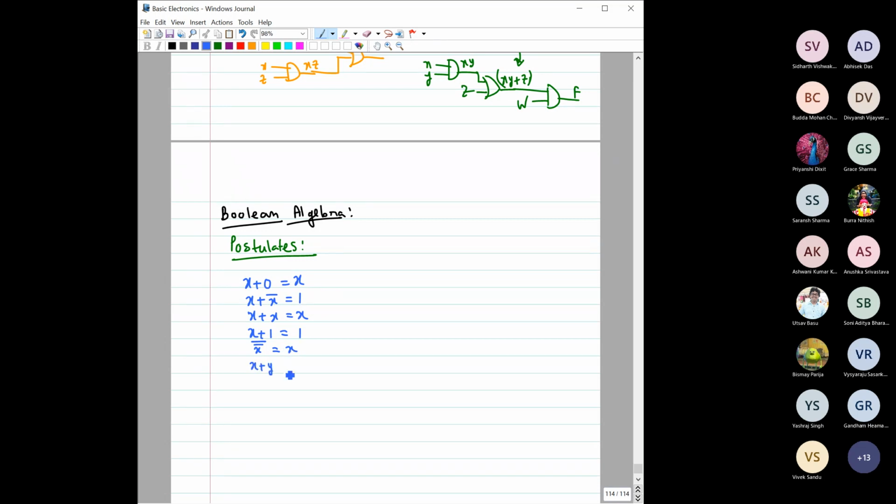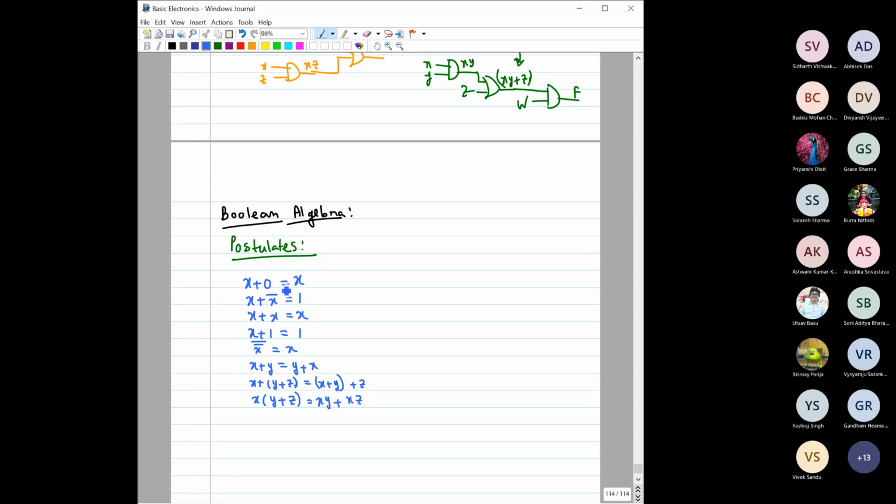Similarly, this is quite basic: x plus y would be equal to y plus x, right? Then x plus y plus z would be equal to x plus y plus z, the associative and all these types of basic properties, right? You can just write it like this. Then suppose x times y plus z, right? It would be xy plus xz.